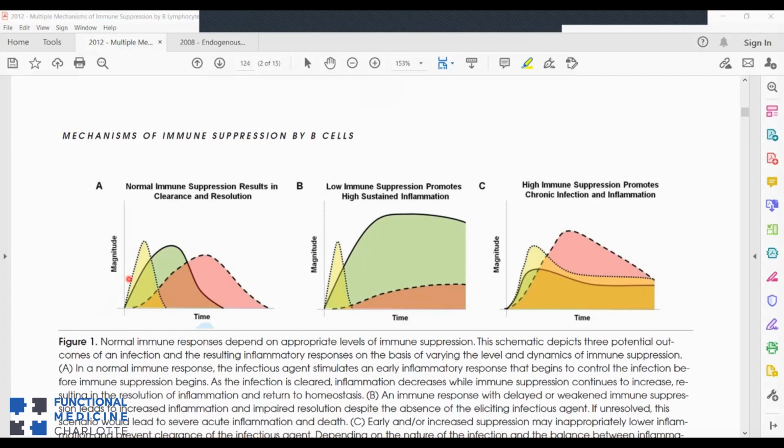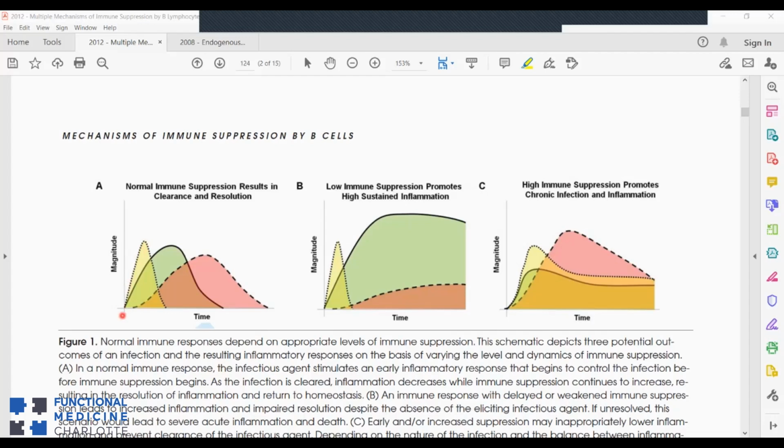All right, so the yellow is the infection or the tissue damage. Okay, let's just say infection for ease of conversation. So the yellow is the infection. So at time 0, the person is infected, and the infection, say a virus, gains ground in the tissue and reproduces and reaches a peak at some point.